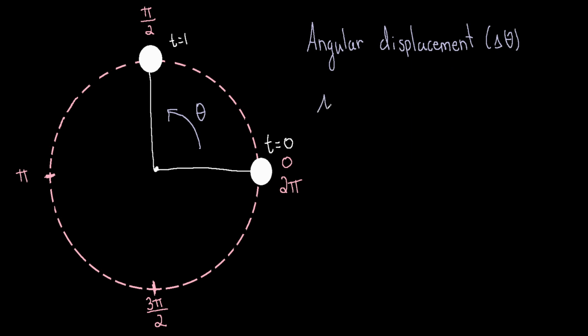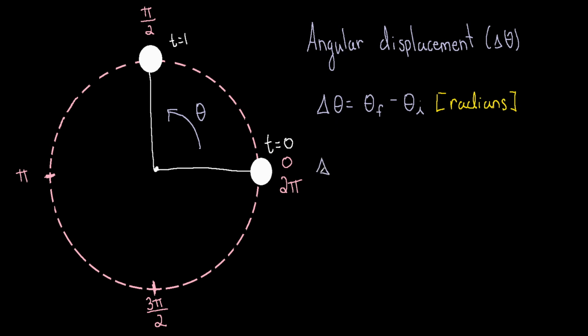And our angular displacement equals our final angle minus our initial angle. And we typically measure our angular displacement in radians. So back to our problem.